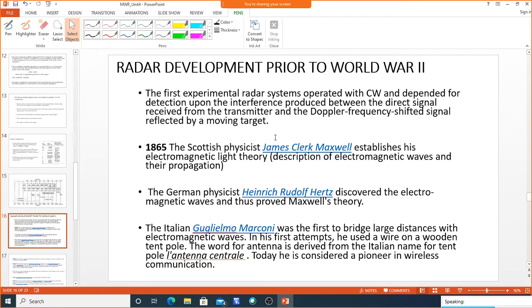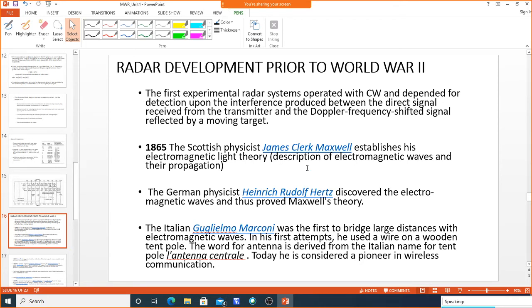Okay, so before the radar system was developed, James Clerk Maxwell established the electromagnetic light theory. Later Heinrich Hertz experimented on the existence of electromagnetic waves and proved the theory proposed by Maxwell.